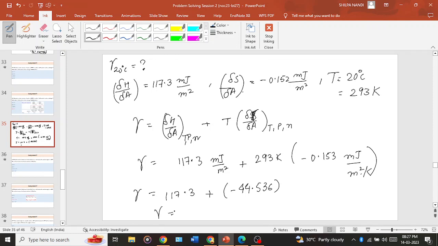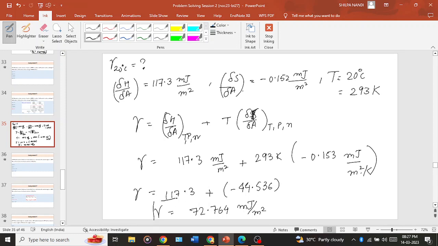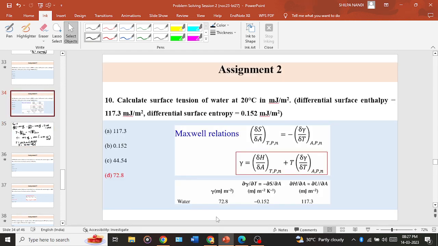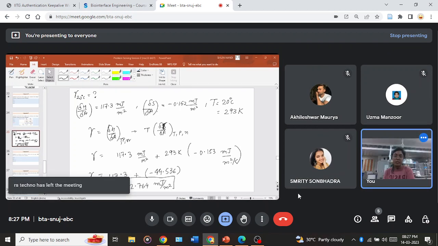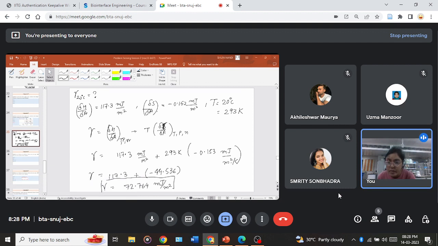If you calculate it, you will get around 72.764 millijoule per meter square. So this was the answer we were looking for, that is gamma. Okay. So I hope 72.8 is the answer. It is around 72.764, which can be written as 72.8. This is the final answer, and I hope everything is quite clear.